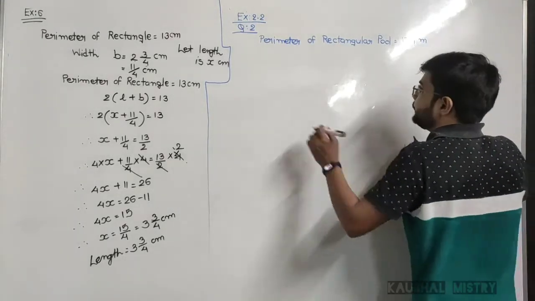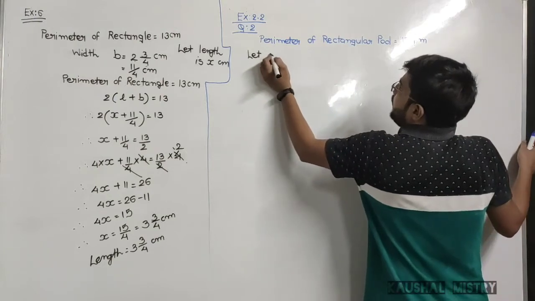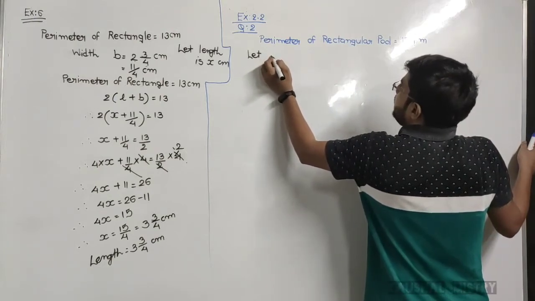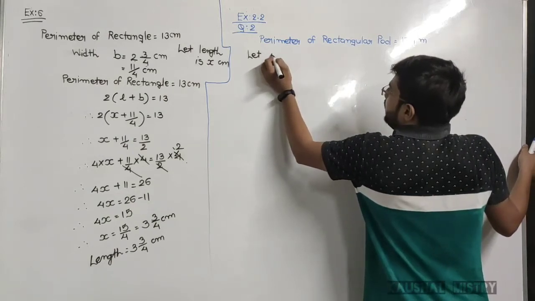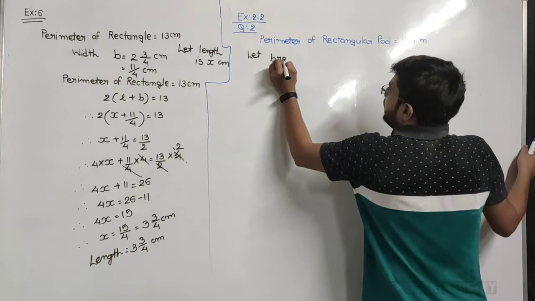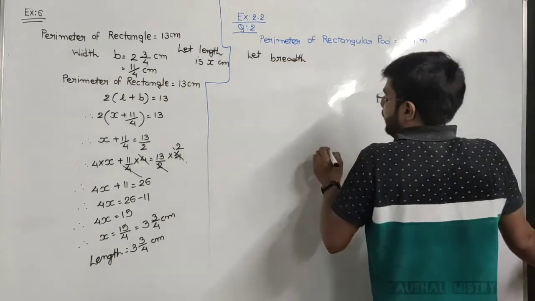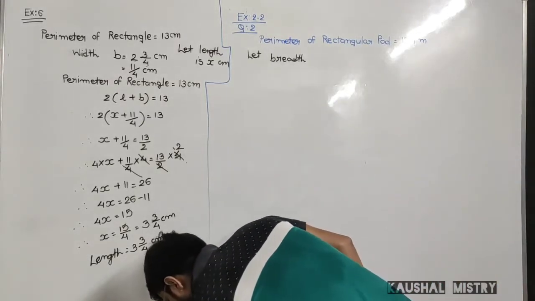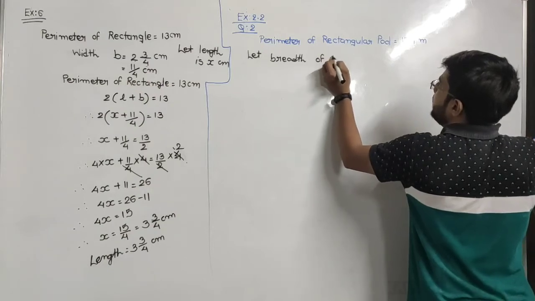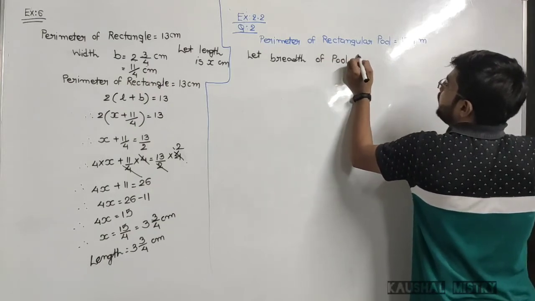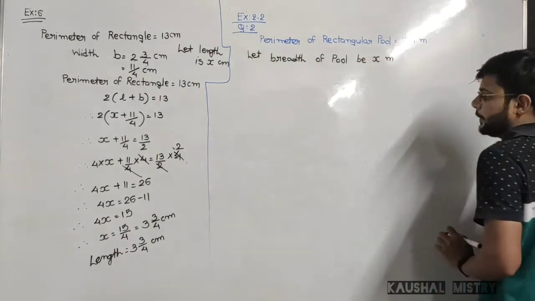So let the breadth of the swimming pool be x meter, right?